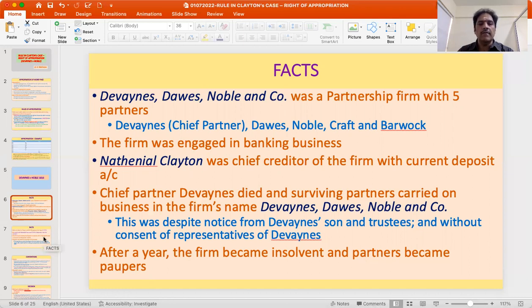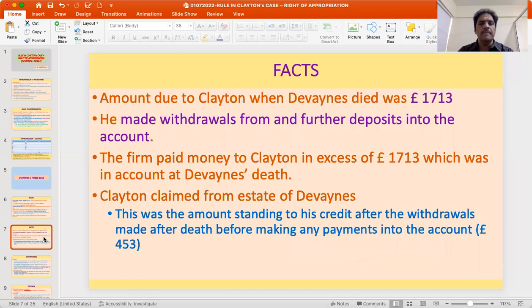So automatically the monies that are due are supposed to be recovered. The amount due to Clayton when Devines died was 1,713 pounds. After that, he made withdrawals from the account and then he made further deposits into the account. Then the firm paid the money to Clayton in excess of 1,713, which was in the account at Devines' death.